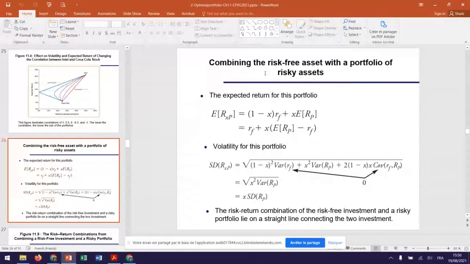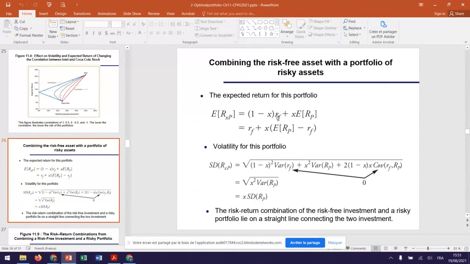As you can see here, I take X, meaning I put weight X of my investment in P. Therefore, 1 minus X should go to the risk-free asset. From this first line, does everybody follow? So I put X in P and 1 minus X in F, where F means the risk-free asset.